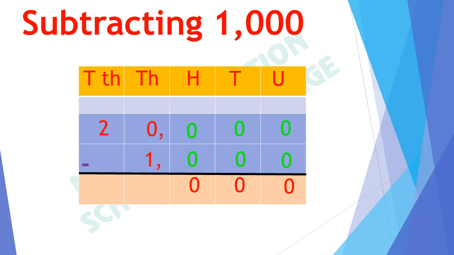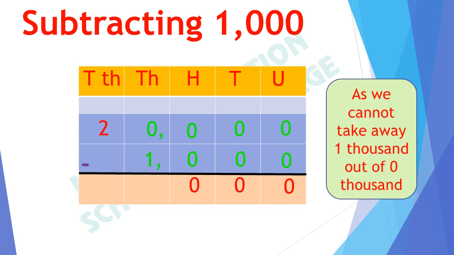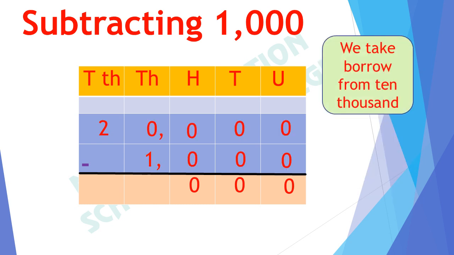We have to subtract 1000 from 0,000. As we cannot take away 1000 out of 0,000, we borrow from 10,000. As there are two 10,000s, we borrow 1 10,000, and here we are left with 1 10,000. Now we can see that in thousands column we have 10,000s. Out of 10,000 we can subtract 1000.